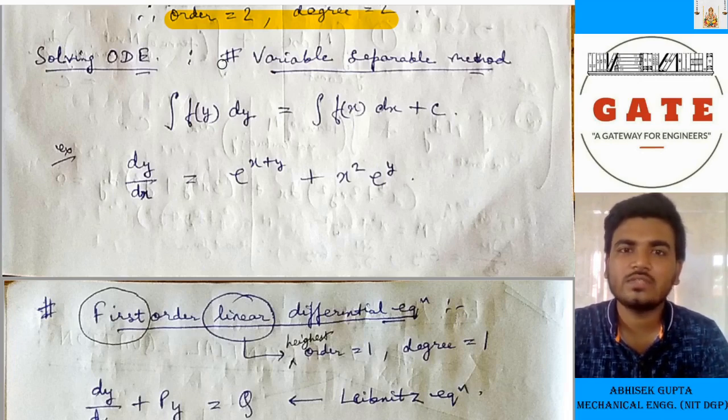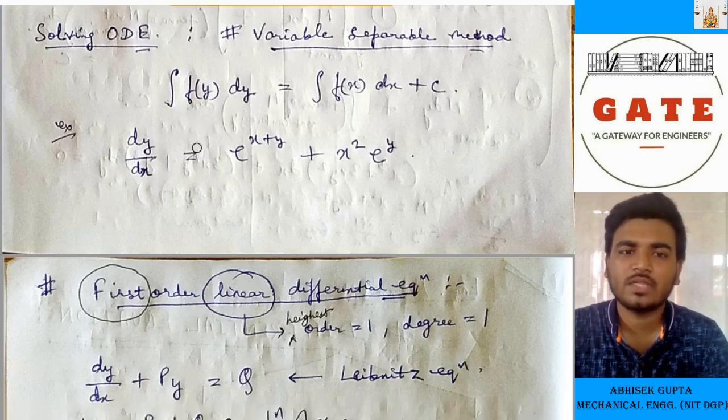First is the variable separation method. Solving ODE with the variable separation method: integration of function of y into dy plus function of x into dx equal to some constant. Like this, you see dy upon dx equal to e power x plus y plus x square e power y. Here e power x plus y can be written as e power x into e power y.